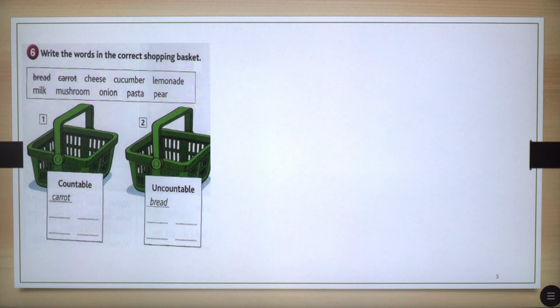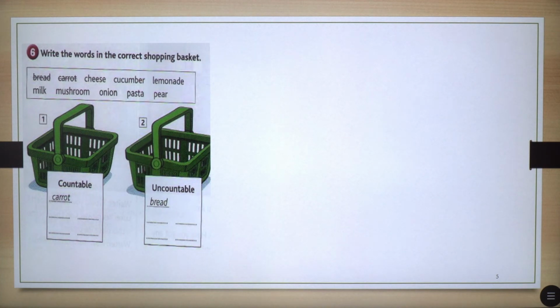Mushroom, 1 mushroom, 2 mushrooms, yes, we can count them. Mushroom is countable. Onion, can we say 1 onion, 2 onions? Yes, so onions are countable. Pasta is uncountable.